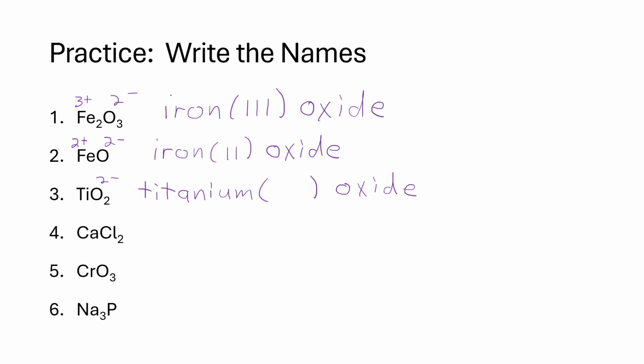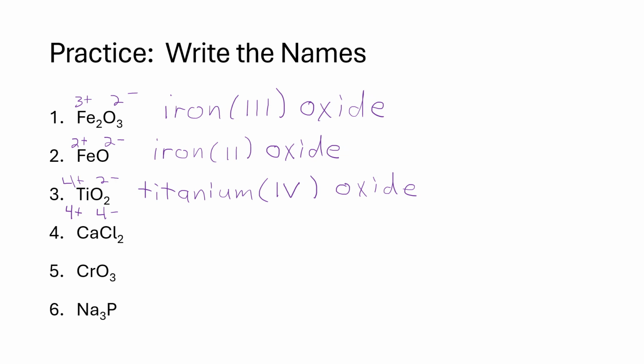So we have 2 ions that each have a -2, so 2 times -2 gives us a -4 total. We're supposed to write charges as the number first, then the sign, so 4 negatives. That means that the titanium has to have 4 positives, and all 4 of those positives are concentrated on just a single titanium ion. So the charge on that titanium is 4+, so we'll write a Roman numeral 4.